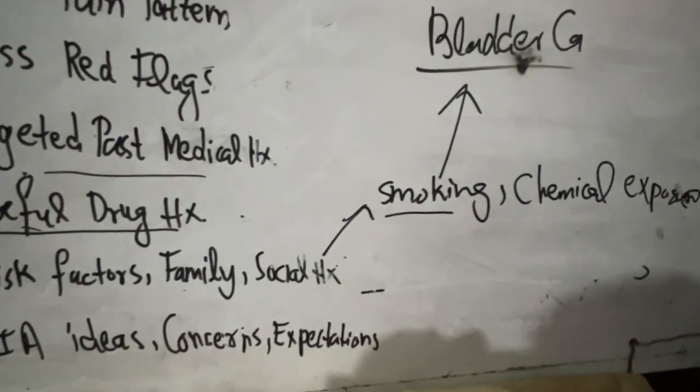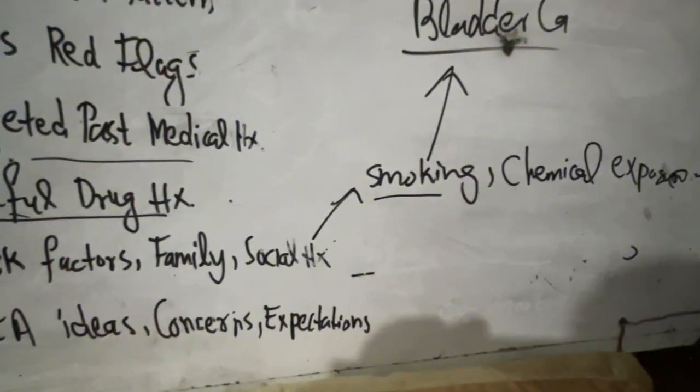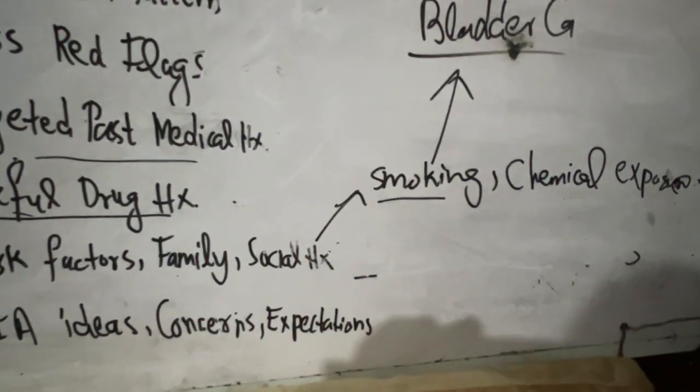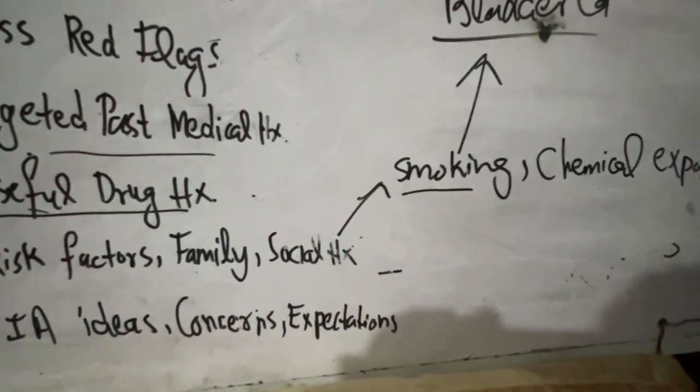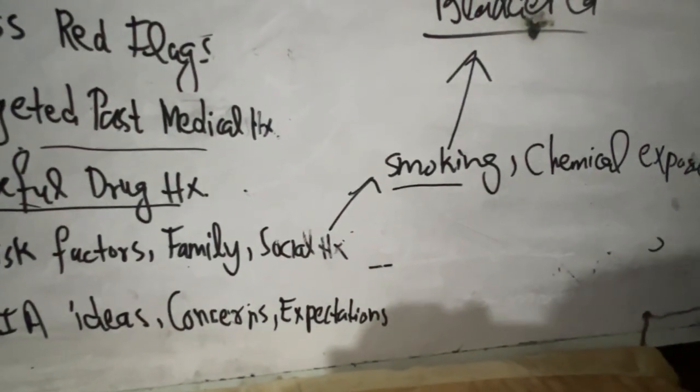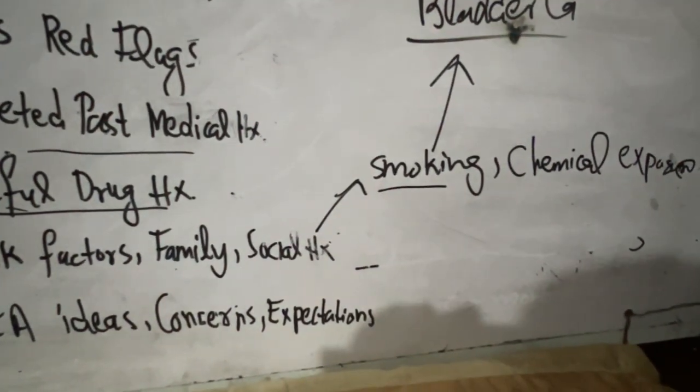Then we will ask about the family history. If there is any positive family history of renal diseases, then it can suggest inherited diseases or cancer risk.